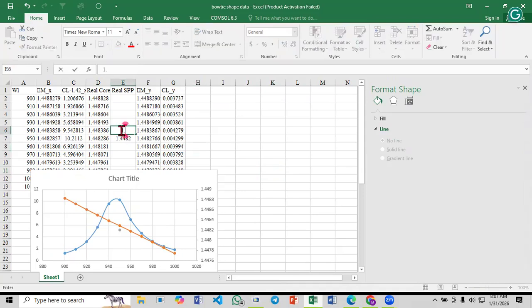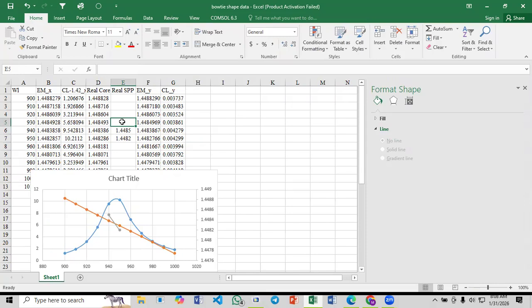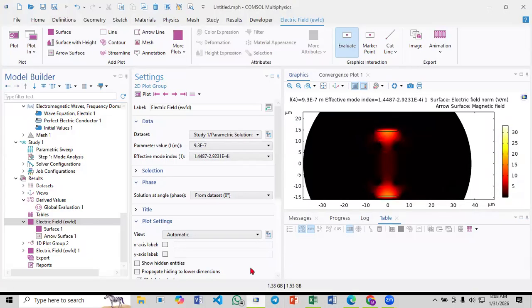And then for 930, this is also the SPP mode, 1.4487, right? It's working perfectly actually.